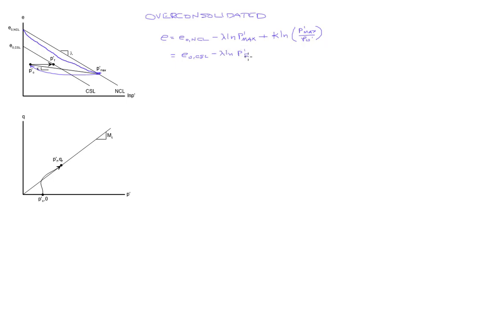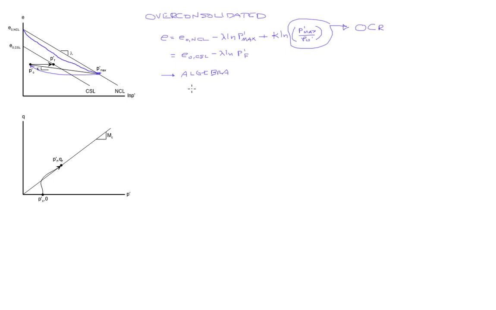Okay, now similar to what we did before, we're going to do some algebra, and I'm going to note that p'max over p0' is equal to the over-consolidation ratio, OCR, by definition. Oftentimes we're doing vertical effective stress, here it's mean effective stress, but the idea is the same.